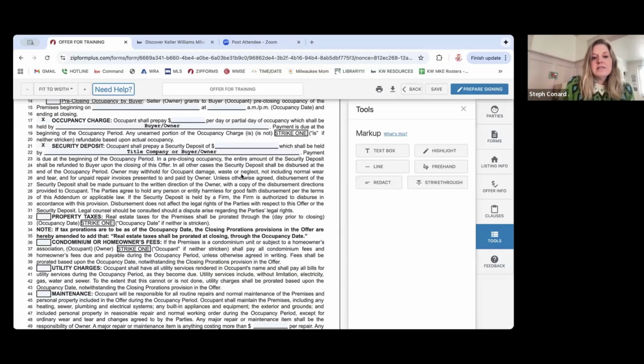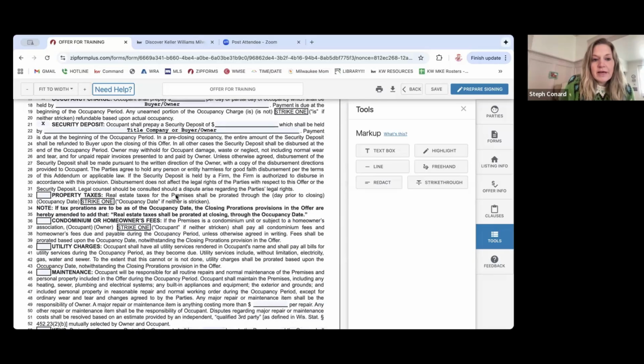If we see, in our compliance review process, that the firm, Keller Williams, is to hold on to the security deposit, we will kick it back and require that it be amended to reflect something different. So please make sure that you're saying the title company or the buyer slash owner.